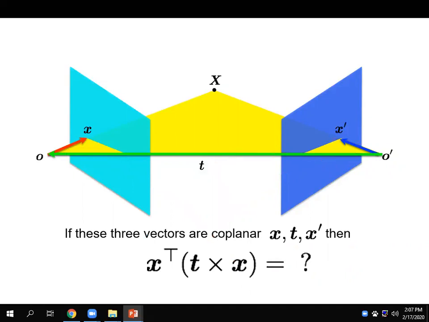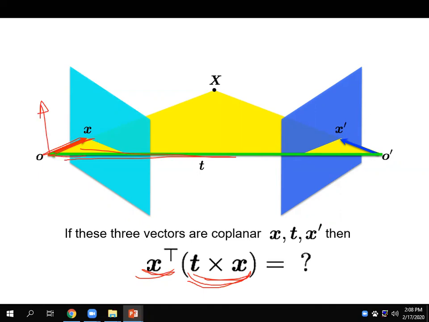If I were to cross product T multiplied by X, and then the results will be multiplied by X transpose, what should this be equal to? Let's go step by step according to what we know about the cross and dot product. T cross product with X will end up with a vector that is perpendicular to that particular plane.